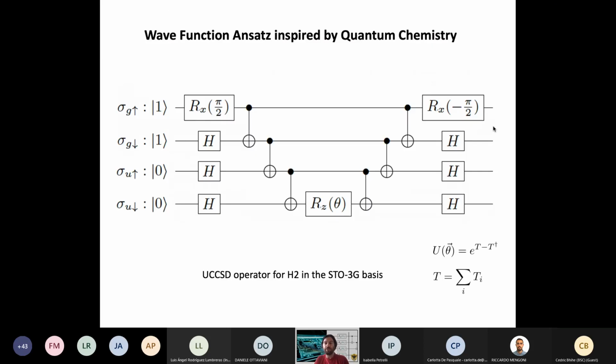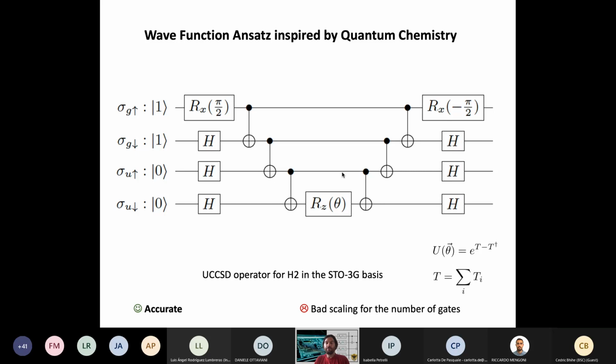So this is, for instance, one example of how the circuit translates in a very simple way. So this is the UCCSD operator for H2 in a minimal basis. So you have some classical operator.